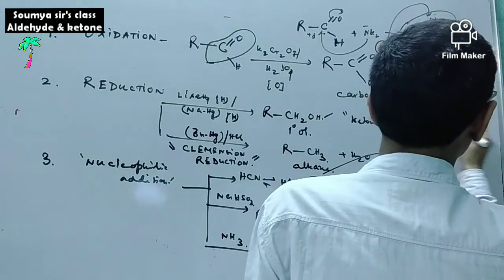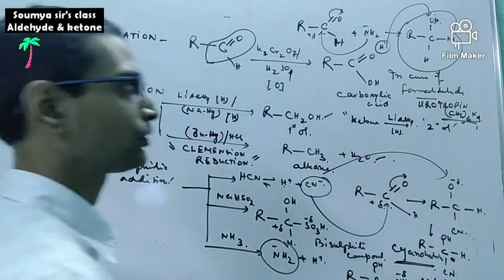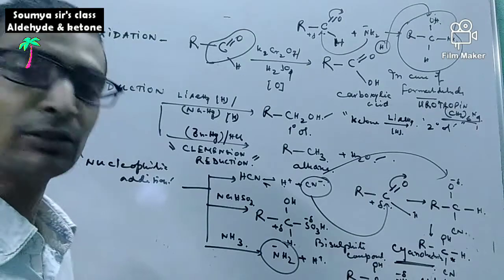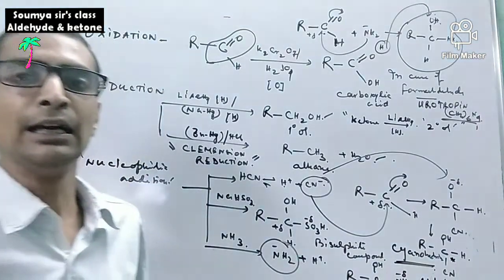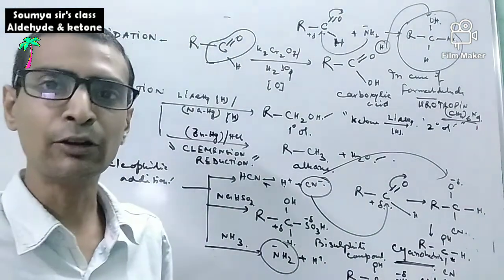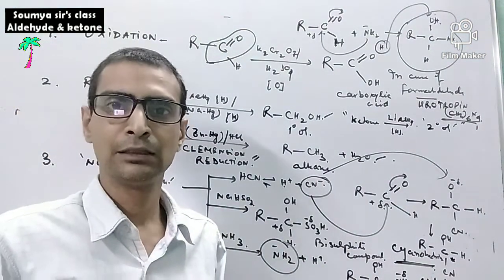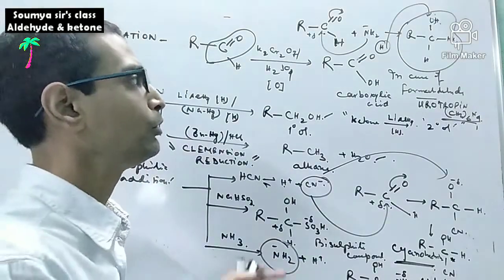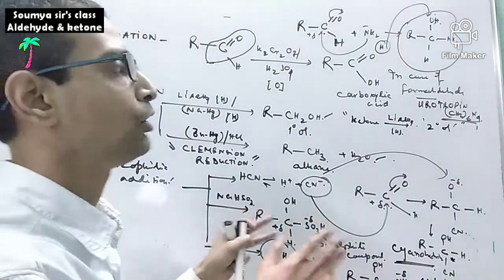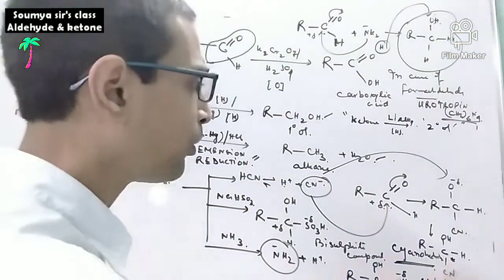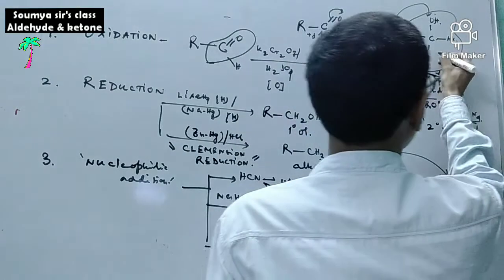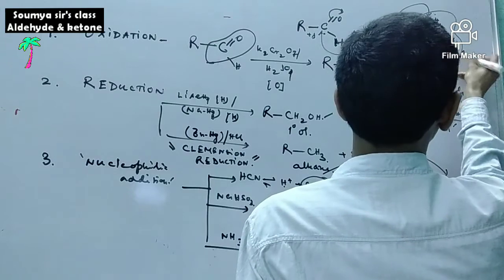So this is the urotropin, (CH2)6N4. Urotropin is the exceptional reaction of formaldehyde, other than any aldehyde. No other aldehyde can form it, only formaldehyde will form it with ammonia. This complex structure is called urotropin. But all other aldehydes will form this aldehyde ammonia compound.